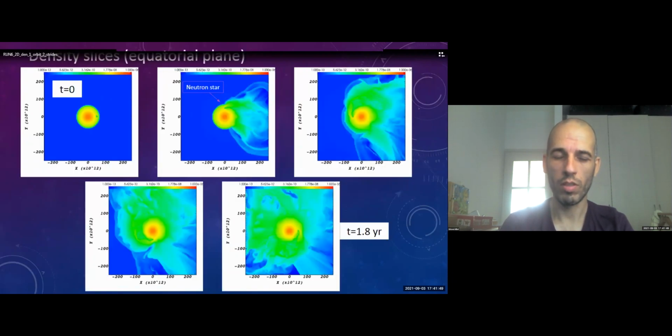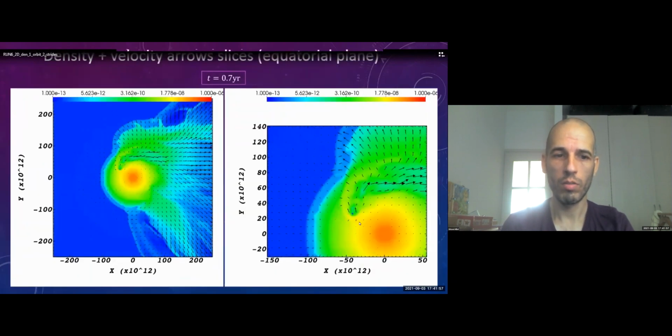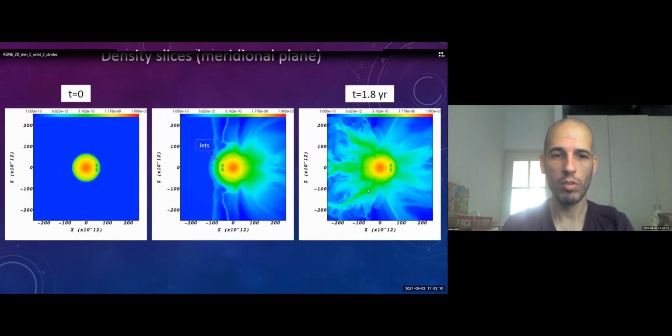Let me show you some results. Here's the evolution in the equatorial plane where the neutron star orbits. Here's a close-up at a particular time during the first orbit, and the arrows show the velocity. And here's the meridional plane where you can see the jets at the beginning of the simulation, after half an orbit, and after a full orbit.